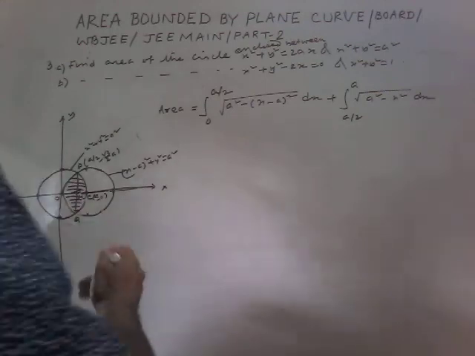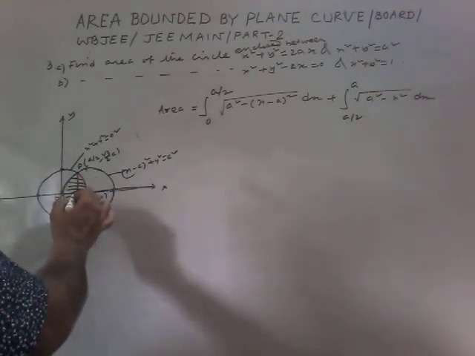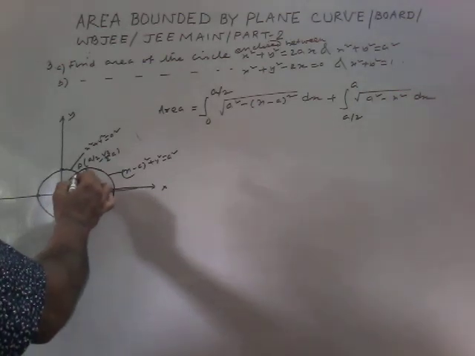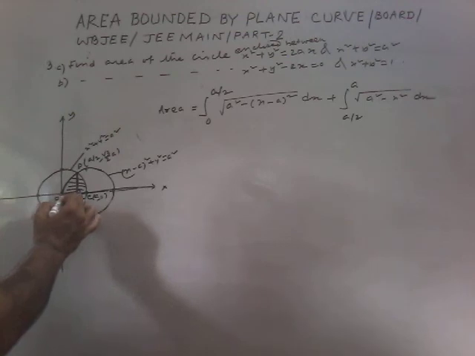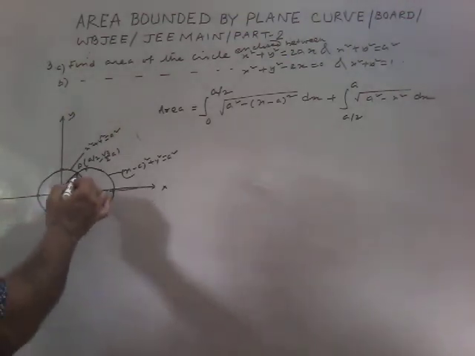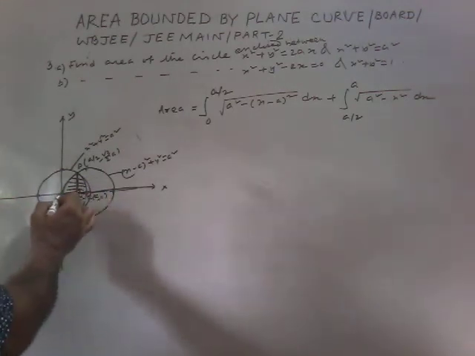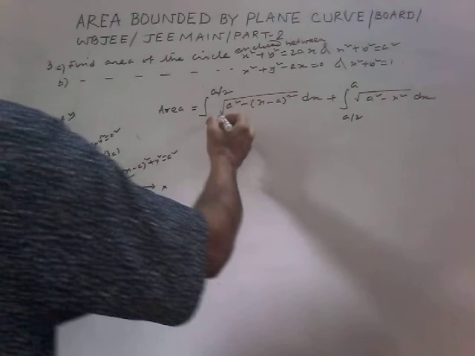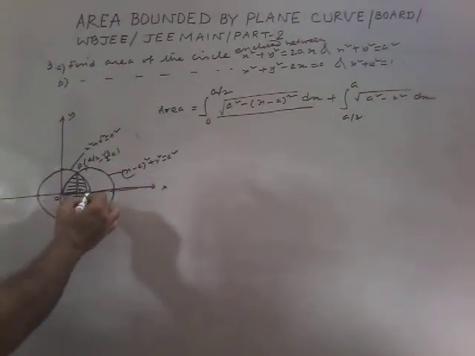Now look, if you draw the figure, it is not drawn in proper units. Actually this and this are the same. This is a by 2, this should be a by 2. So the figure will be like that. In this case, if we find the area of this first part and multiply by 2, we get the area above the x-axis.